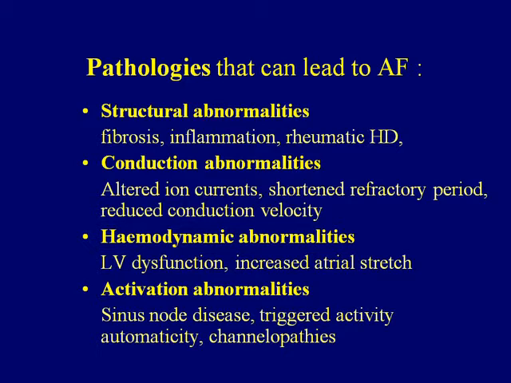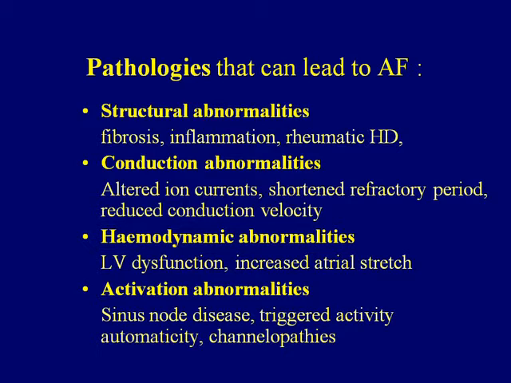Then we have the conduction abnormalities, like altered currents on the cellular level, on the membrane level, shortened refractory period, also as a consequence of altered membrane stability, reduced conduction velocity, which recently are related to the presence of different connexins, or rather the absence of connexin 43, etc.